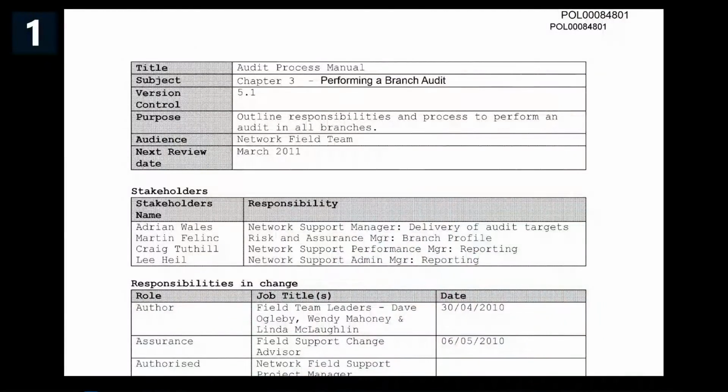Mr. Ferlinc, we left off on the audit process manual, POL 000848801, Chapter 3, Performing a Branch Audit. Can we go to page 11 of that?